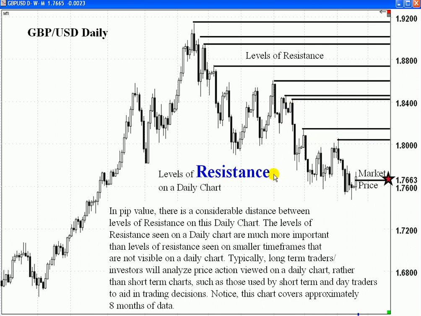Now, the highs on a daily chart absolutely must be acknowledged and brought into consideration when you are trading, because the major flows and the major institutions are watching these levels very closely, and you'll most often see as price rallies to specific price points, particularly this one, which is very profound and stands out among other high points, you will see distinct selling pressure at or about this high point.